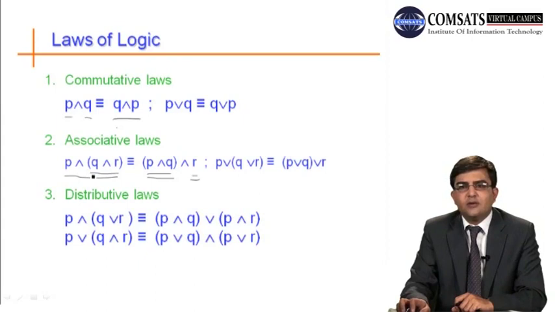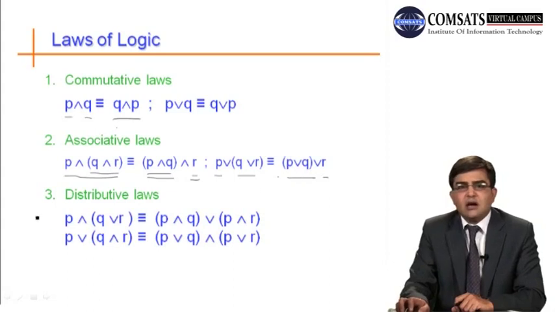This law also holds for disjunctions. For example, here we have P or (Q or R). This is logically equivalent to (P or Q) or R. So here we also notice that we can interchange the brackets, and this compound proposition is equivalent to that compound proposition.